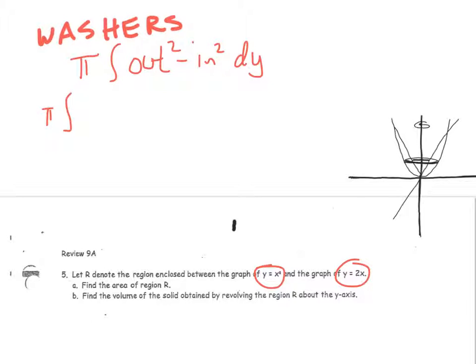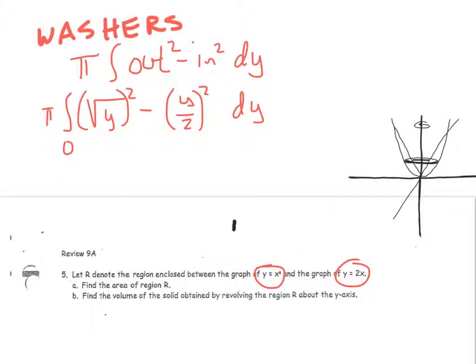So I'm going to get square root of y as the outside function, squared. The inside function is 1/2 y, squared, dy.